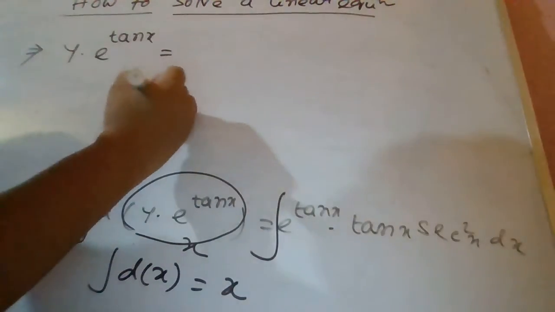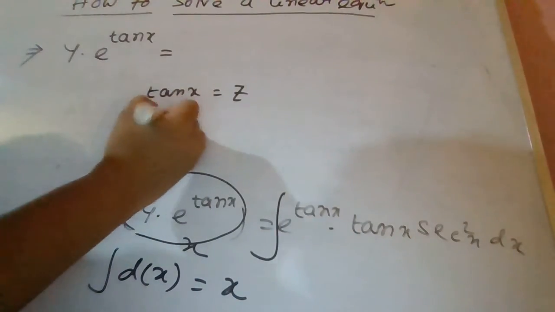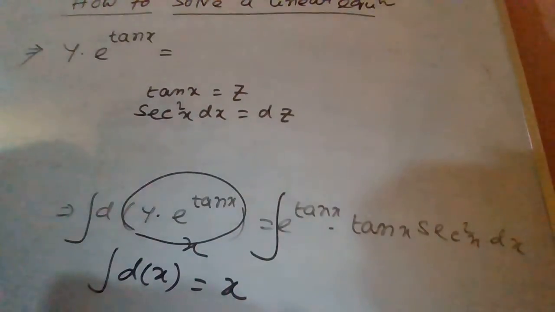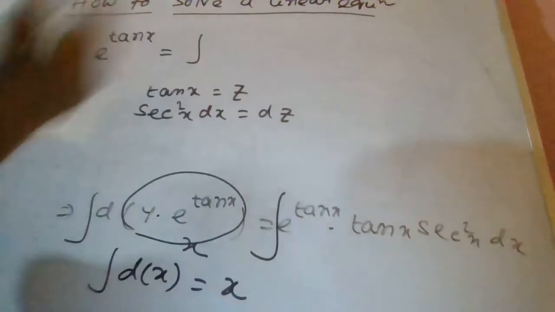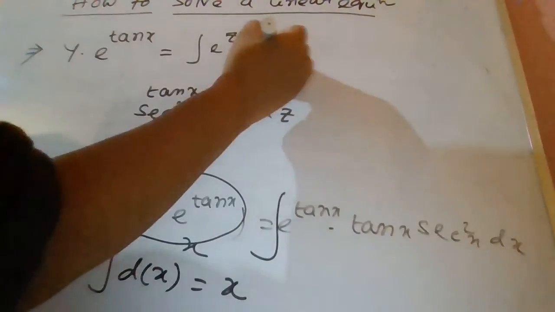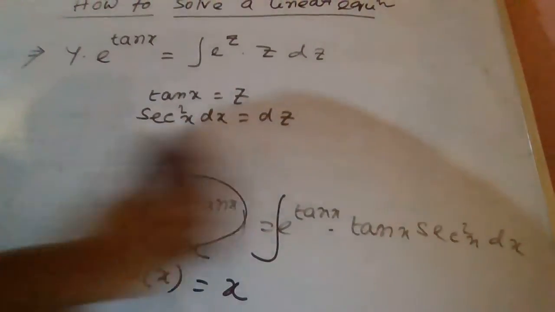We put tan x equal to z, and we know the derivative of tan x is sec square x dx equal to dz. Okay, now in this integration, e to the power tan x becomes e to the power z, tan x is z, and sec square x dx is dz.